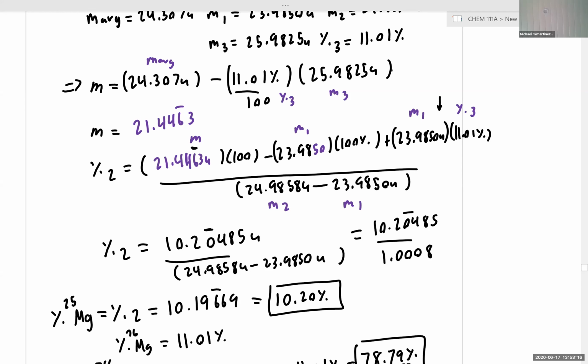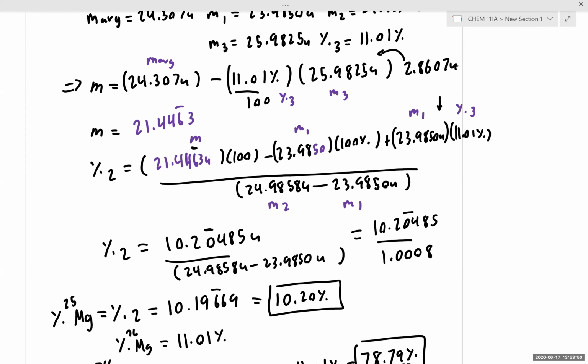And then when we punch that into our calculator, we get 21.446. The 2.86 is the result from this first step. Does that make sense?